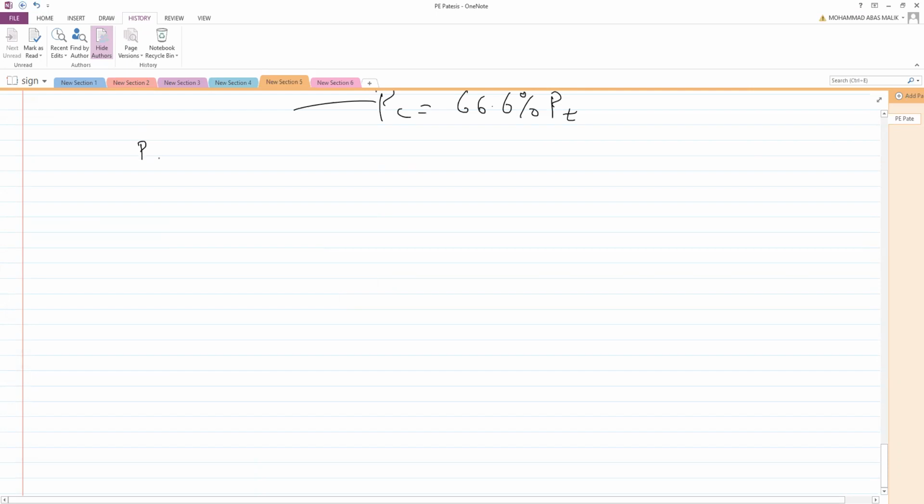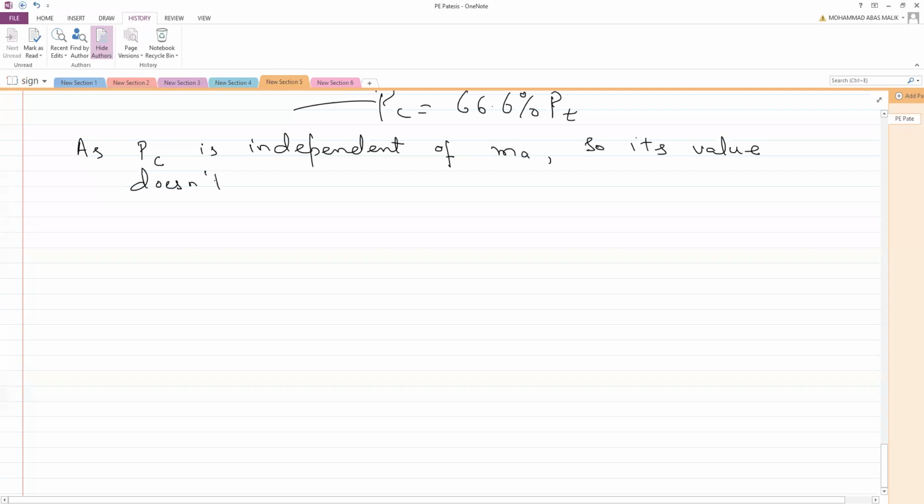PC, the carrier power, is independent of the modulation index MA, so its value does not change. Its value is not affected by the value of MA. As you increase or decrease MA, PC will remain constant. Carrier power will always remain constant.